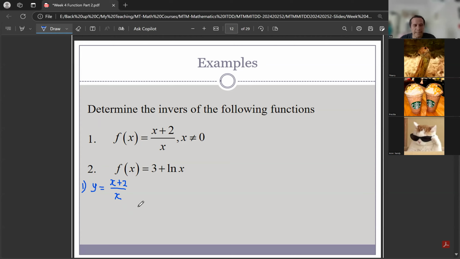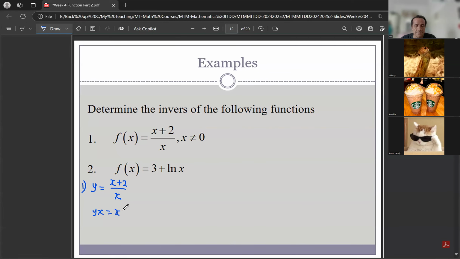And how to get the solution x in terms of y. So we multiply y by x, and we have y x is x plus 2.